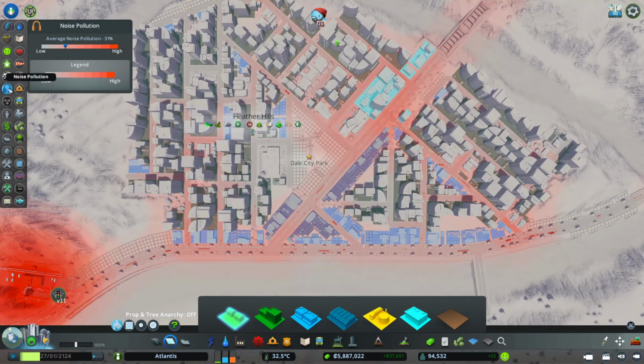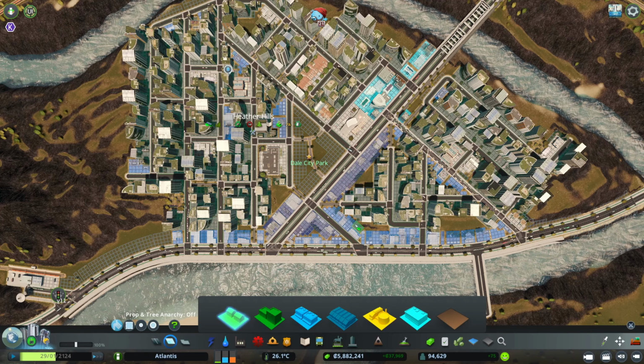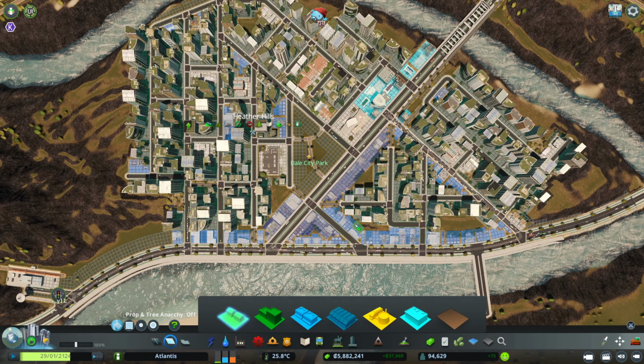As you can see, you have a little more noise pollution on the main roads in here, especially in the area where we have the high density. It's not too much, but it's enough to cause problems in the long run if you just make a massive commercial area as we have somewhere else on the map.